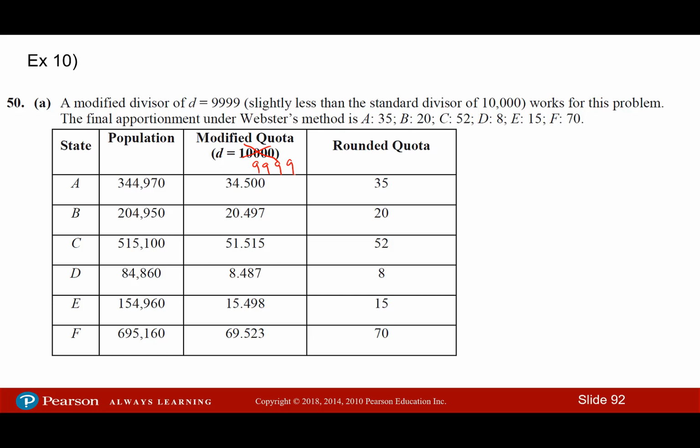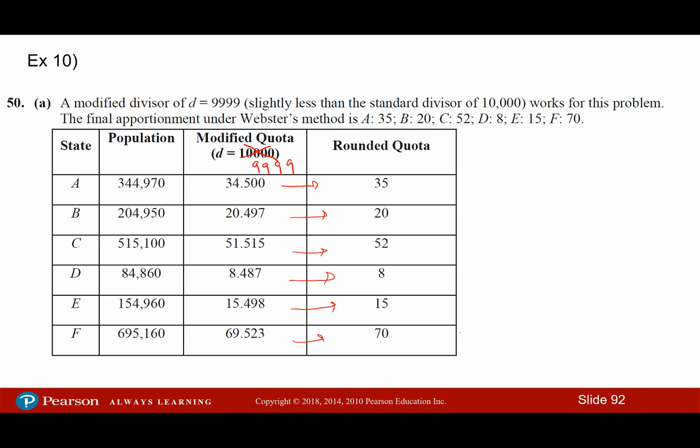It looks like 10,000 does not work. It leaves us just a little shy of what you need. So if you divide all of those by 9,999, then you get this. And again, under Webster, that will round up to 35. That will stay at 20, because it's below 0.5, and it rounds down.